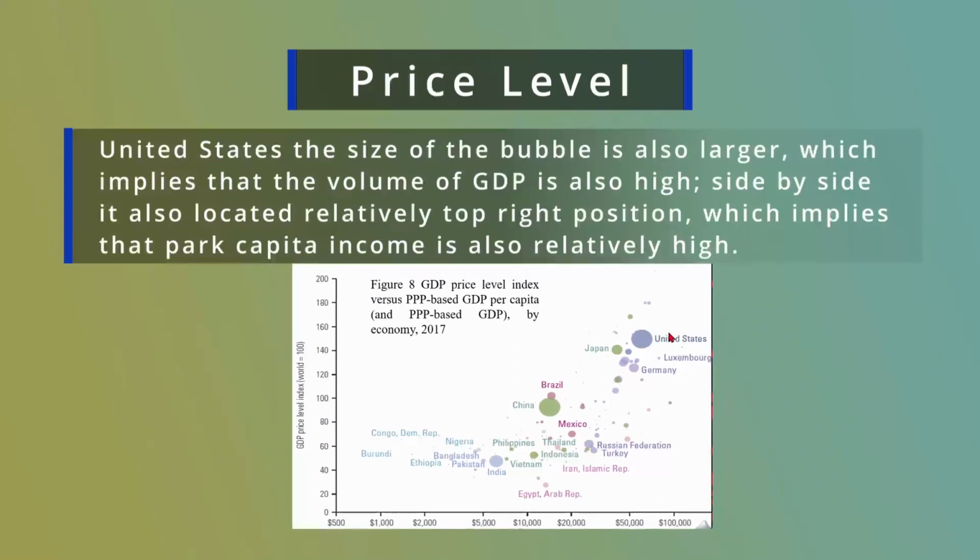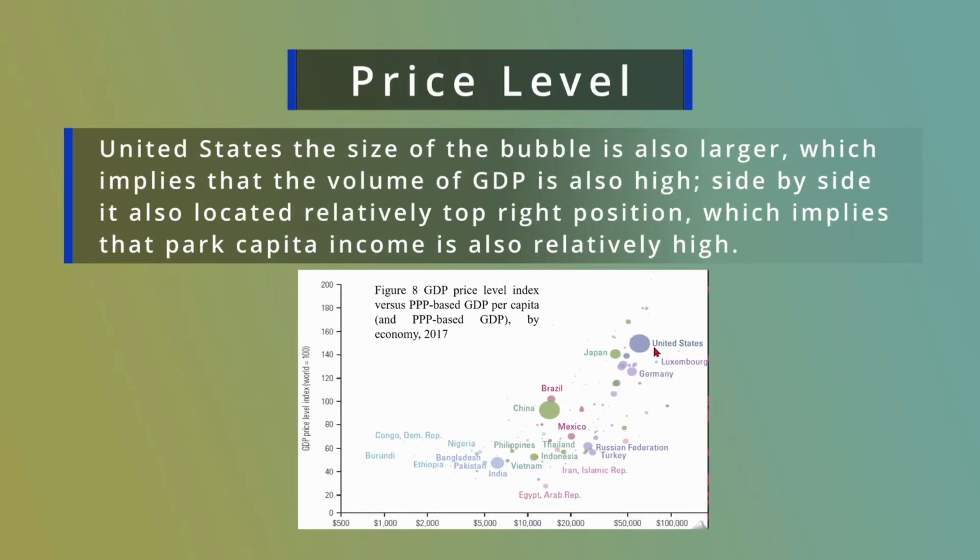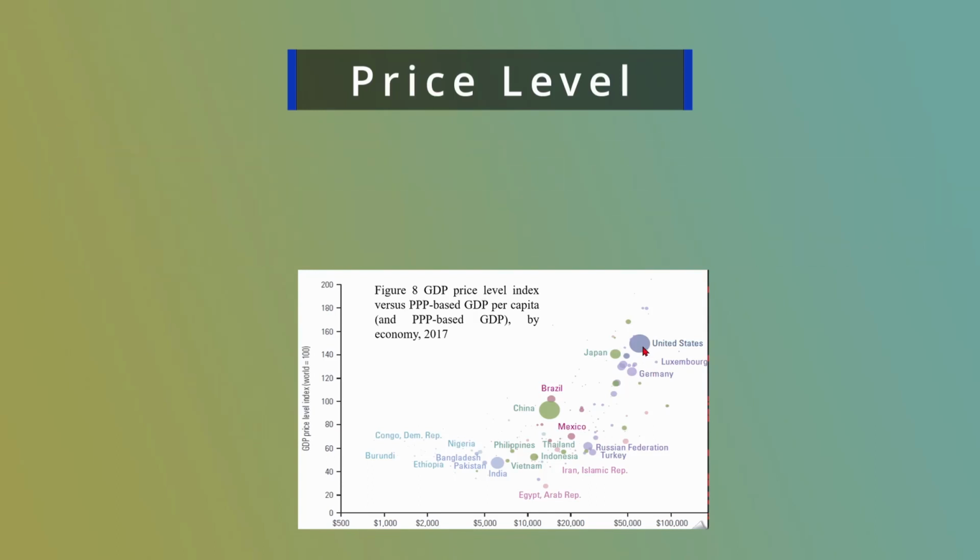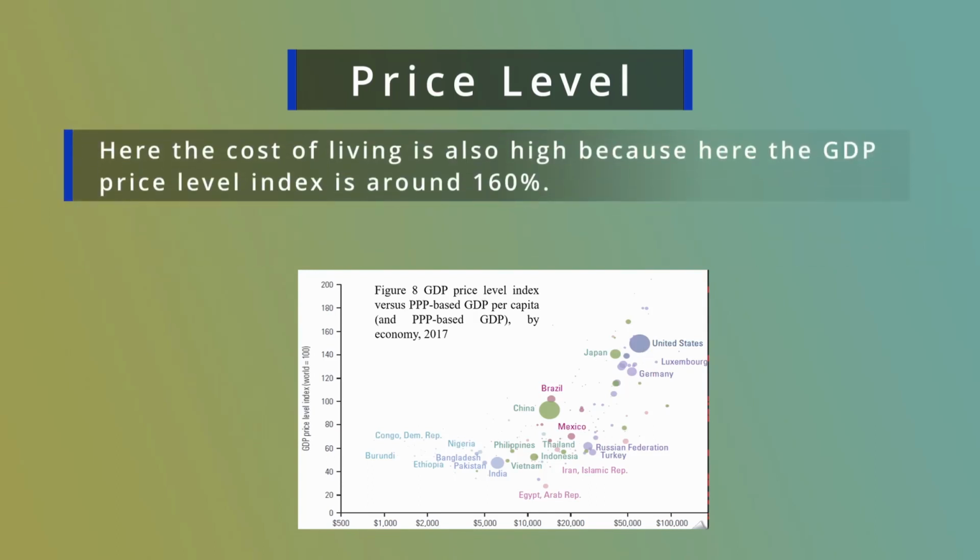Now, here the United States, the size of the bubble is larger, which implies that the volume of GDP is also high. Side by side, it is located in a relatively top right position, which implies that per capita income is also relatively high. Here cost of living is also high, because the GDP price level index is around 160%.